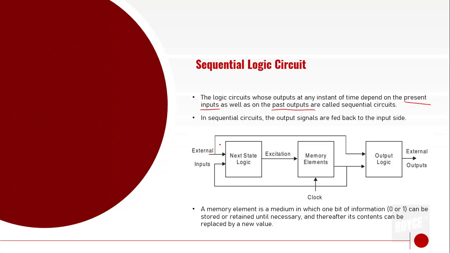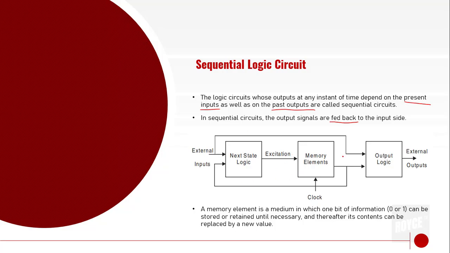So bakit ginagamit yung past output? Kasi meron na tayo ditong tinatawag na feedback element. Yung previous output kasi, nafi-feedback natin yon pabalik sa input side. So it will have an effect sa overall behavior of our system.